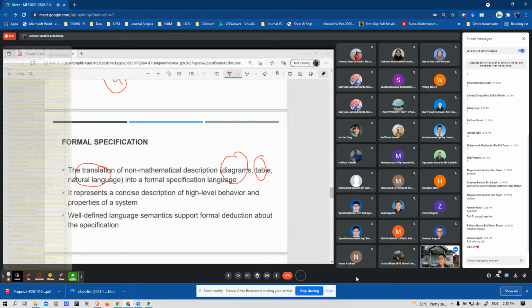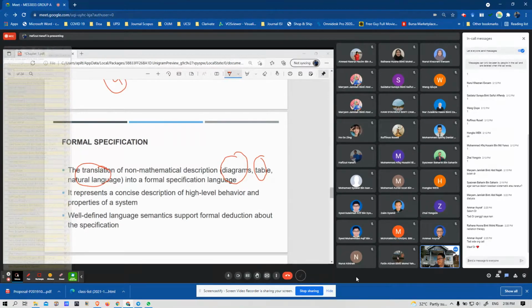Okay, the formal specification example. We can have a method for modeling complex systems such as mathematical entities. And then for formal specification, we are looking at informal specification as well.